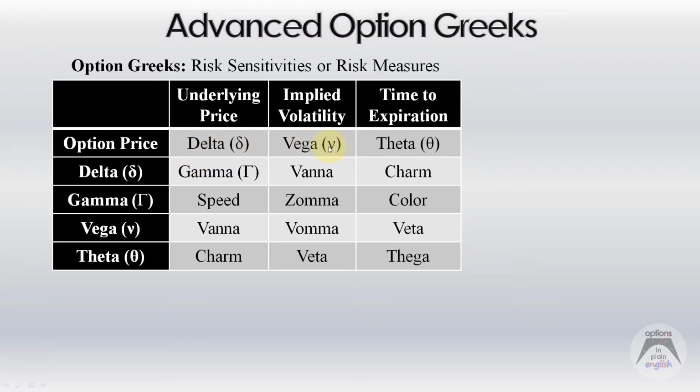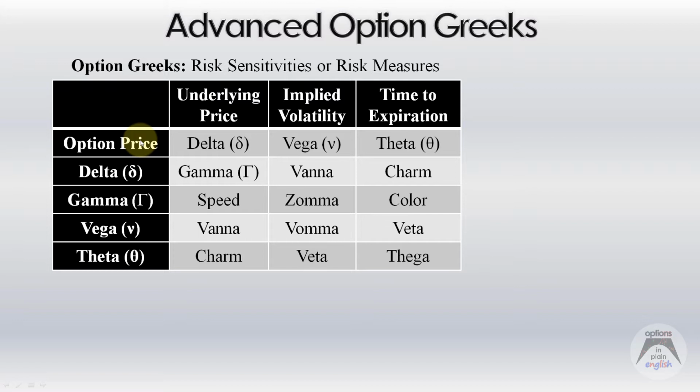Vega measures how much the option price is going to change as implied volatility changes. And the measuring unit here is going to be 1% in implied volatility. So if I have an implied volatility of 20 and it goes to 21, how much of that is going to be reflected in the option price?